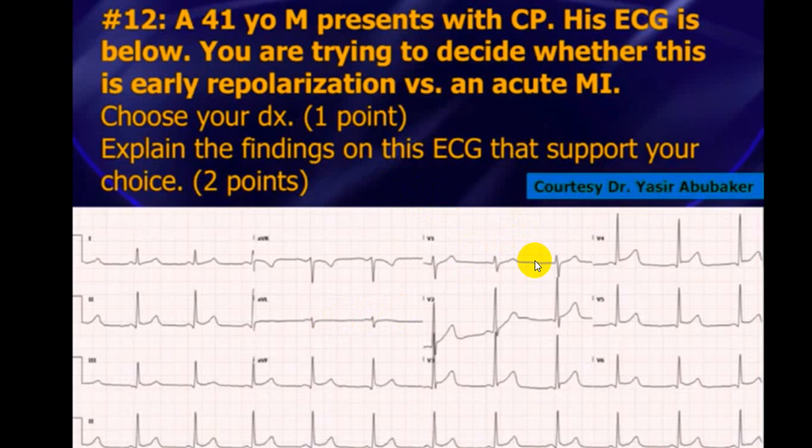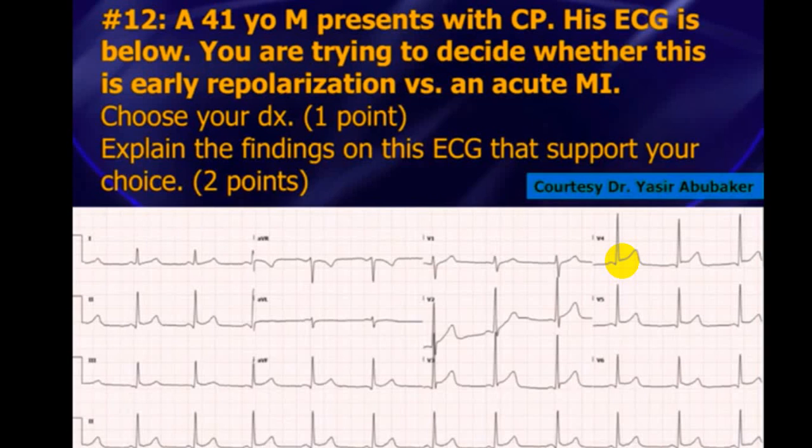Now whenever you get that, we look at certain things. We look at whether the ST segment is elevated or not, and if it is elevated, what shape. When the ST segment is elevated, along with that you look at the J point.